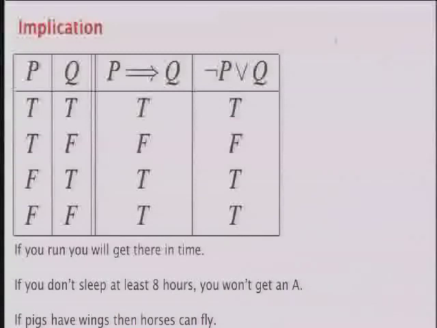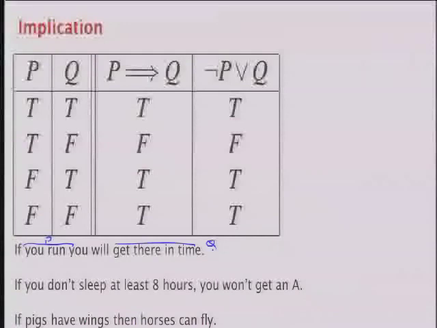If you run, you'll get there in time. So what's P and Q here? You run, that's P. Q, you'll get there in time. Right? So if you don't sleep at least 8 hours, you won't get an A. So the truth value is exactly the same.